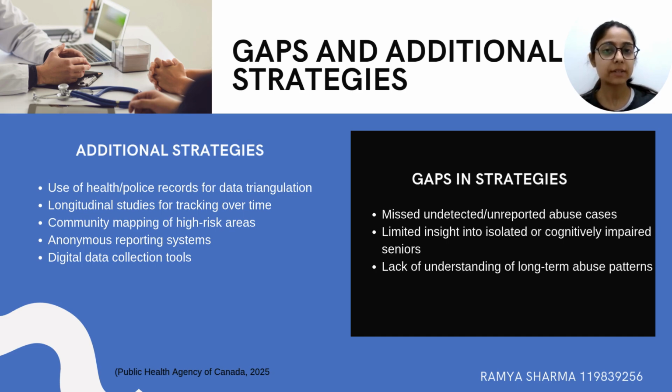The additional strategies which can be used are health or police records for data triangulation, for example, cross-regional sampling, longitudinal studies for tracking over time, community mapping of high-risk areas, anonymous reporting systems, and digital data collection tools, for example, electronic health records or tele-records.